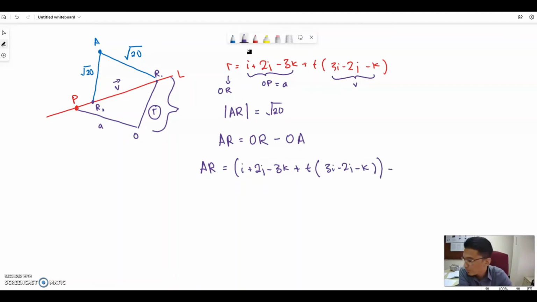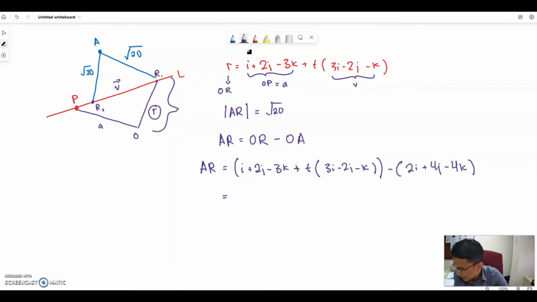Vector OA is 2I plus 4J minus 4K. This is for vector OA. So we can try to solve or simplify this equation first.